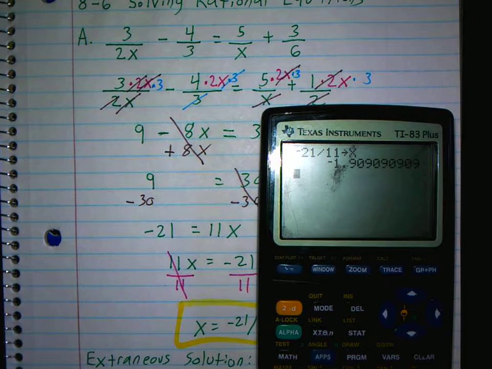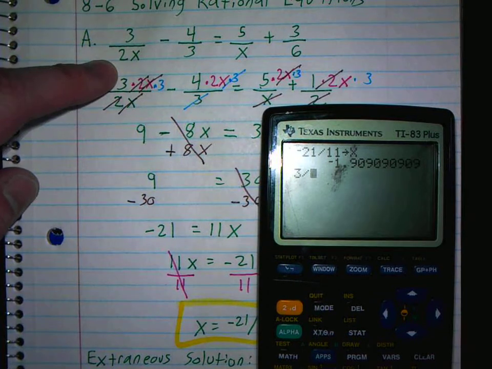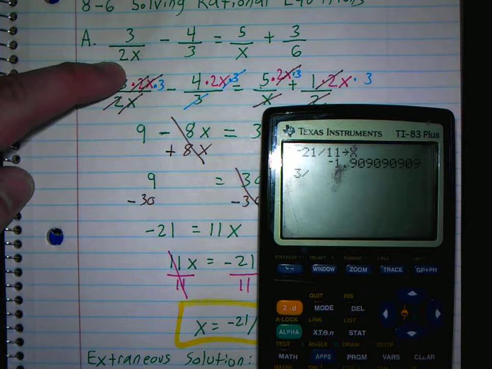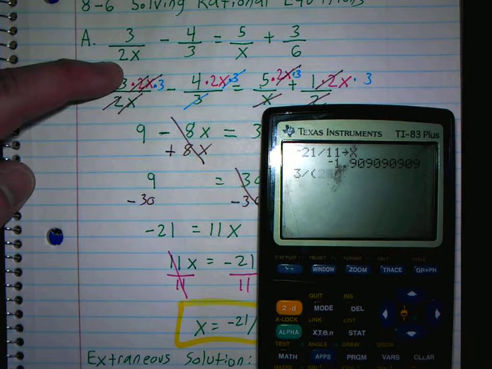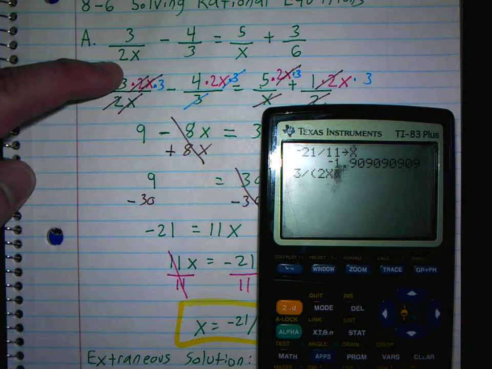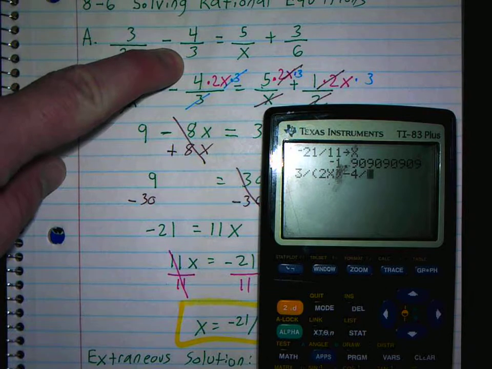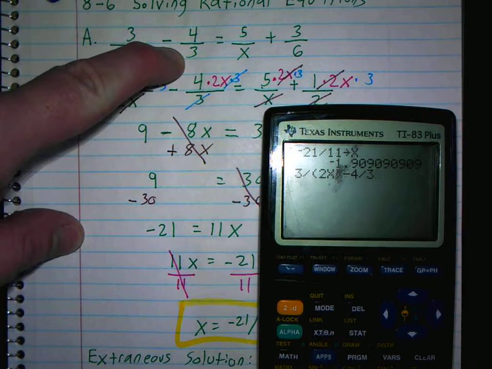Which is -1.9, not 0.90. And so now you can just plug it in, 3 divided by 2x. Now, when you type fractions in, denominators always have to be in parentheses. So it'd be 3 divided by parenthesis 2x. And then minus 4/3. You don't need a parenthesis around 3 because it's itself.